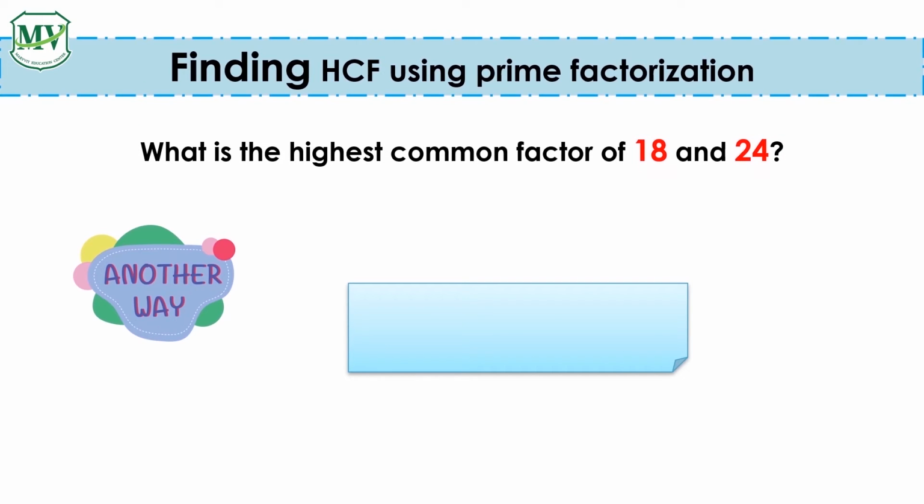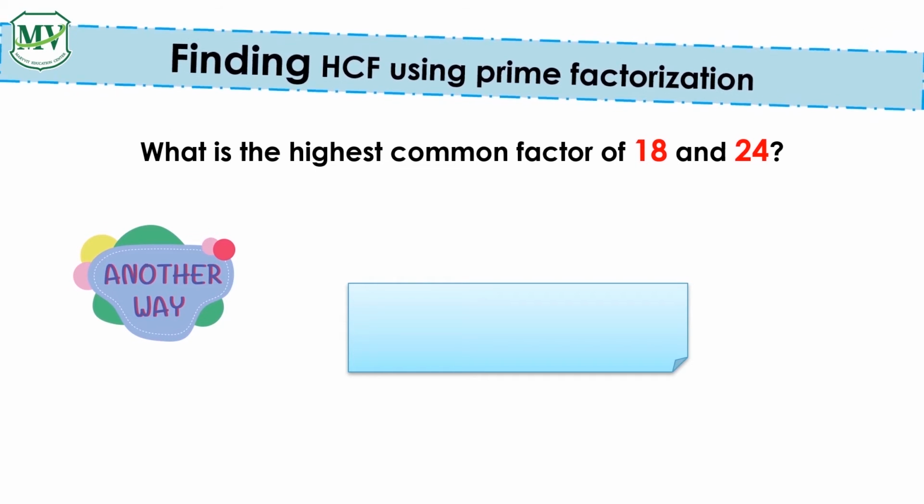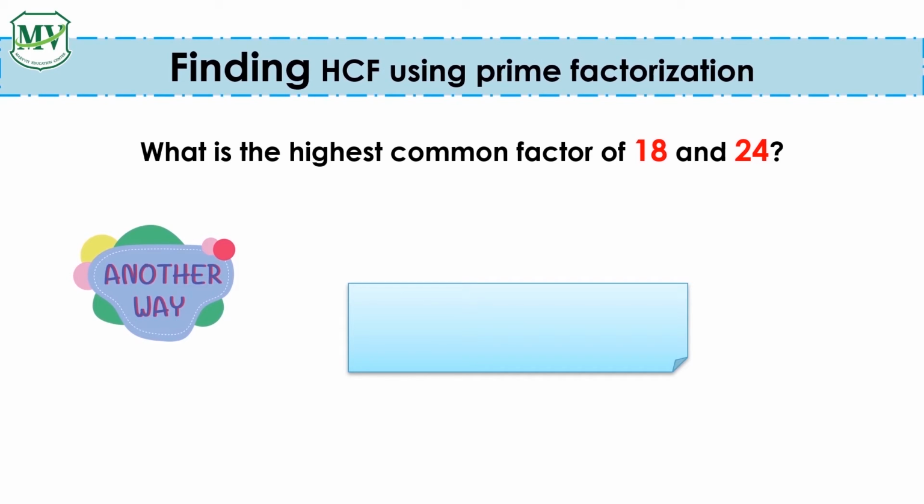Let's use another method of finding the highest common factor, or HCF. We are going to find the highest common factor of 18 and 24 using prime factorization. First, we will write the prime factors of 18. What are the prime factors of 18?